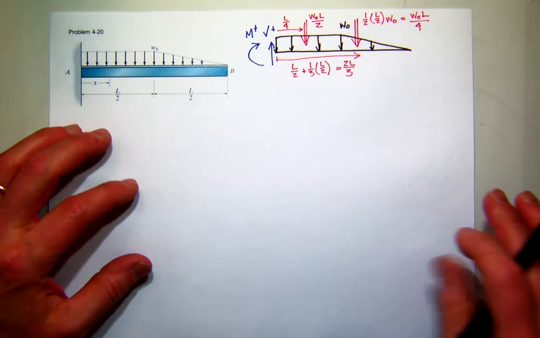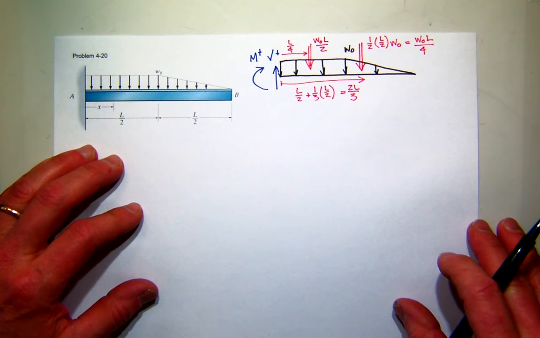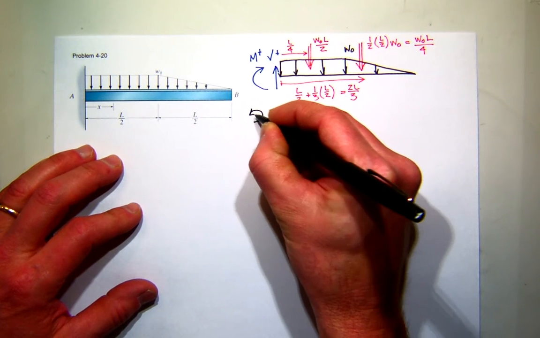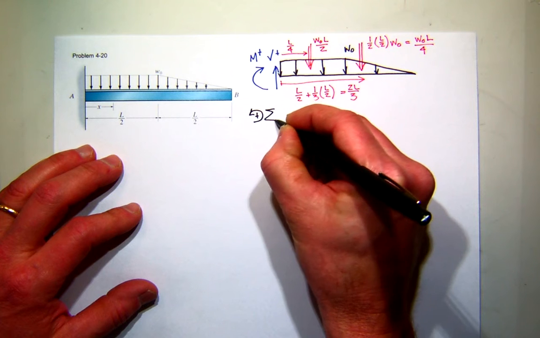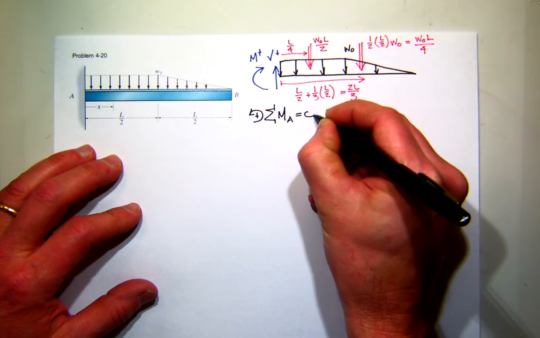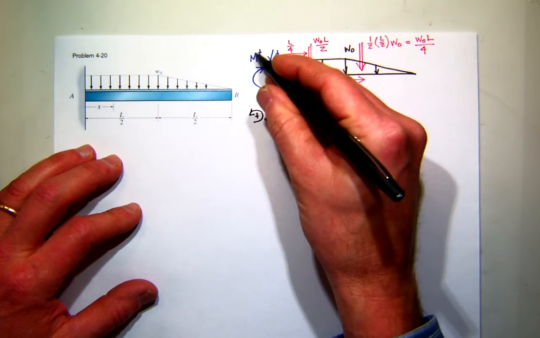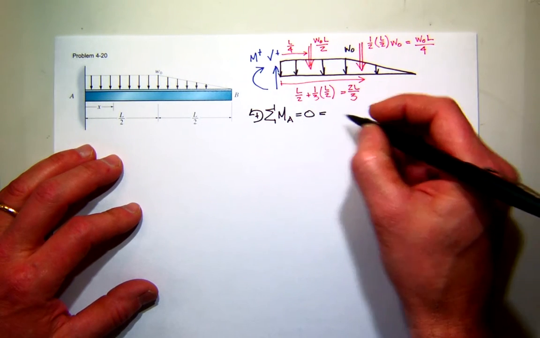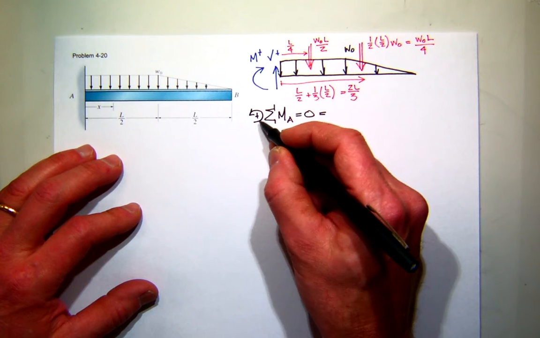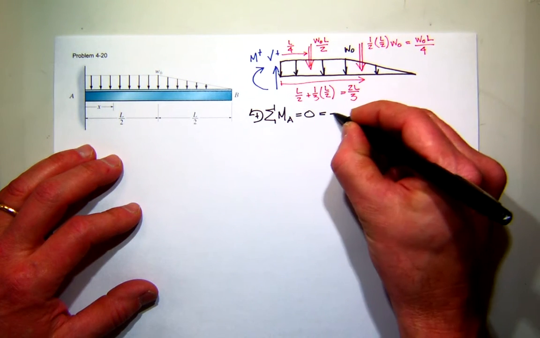With all that, now I can proceed to do the reaction. So let's assume right-hand rule, and we'll sum moments about A. So at A, my unknown moment is a positive bending moment. When I'm summing moments using my right-hand rule sign convention, this is a negative moment.